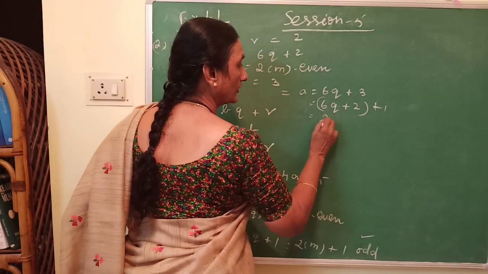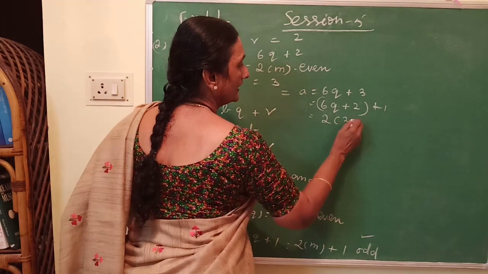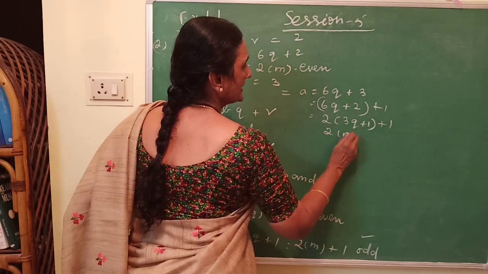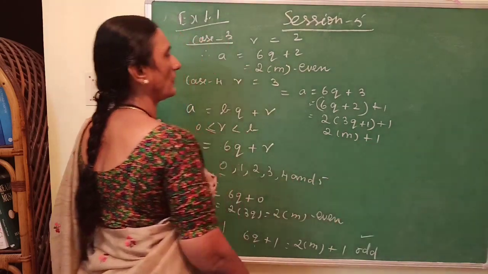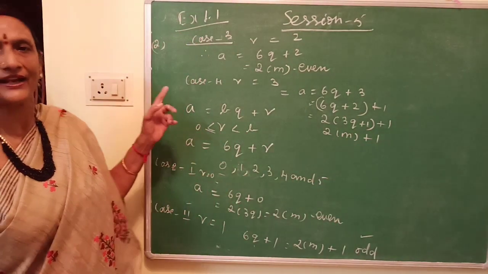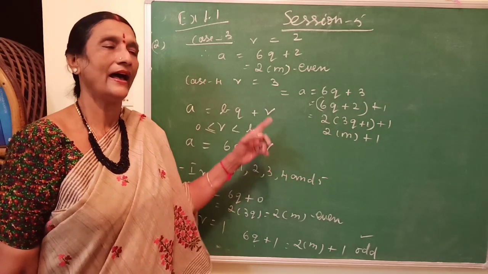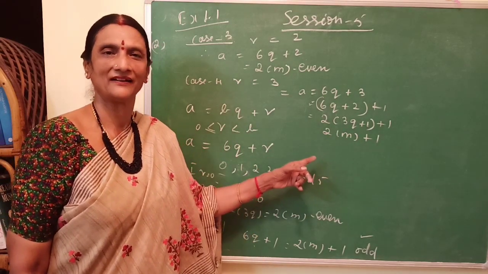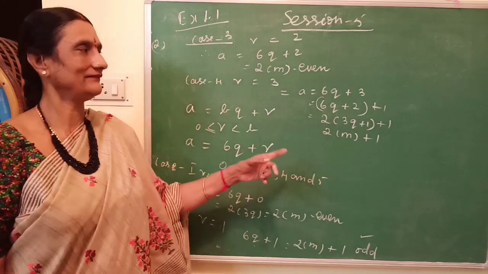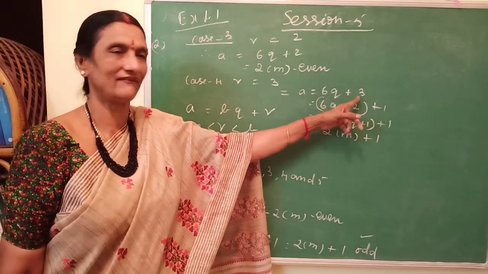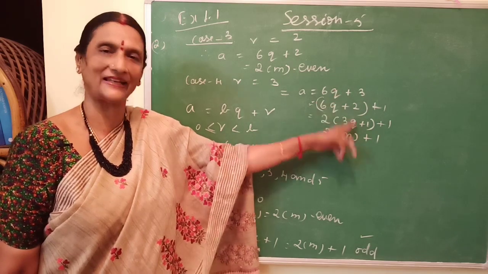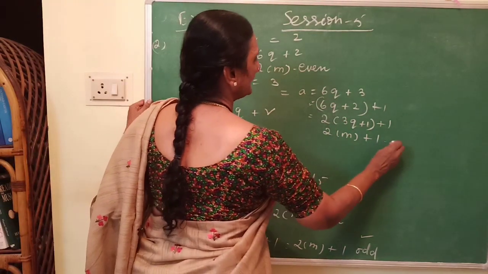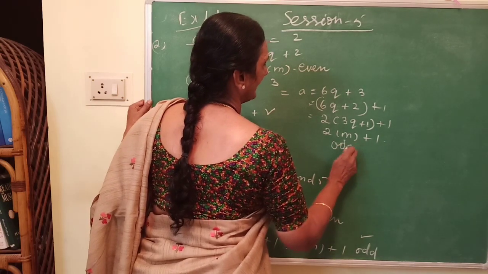Therefore you get 2 times, we can take it out, 3q plus 1, plus 1. That is 2 times some m plus 1. That means when r equal to 3, we are able to write the number as 2 times a number plus 1. That means what? It is an odd number. That is, when it is of the form 6q plus 3, you get an odd number. So we are considering it, therefore I put a tick there.